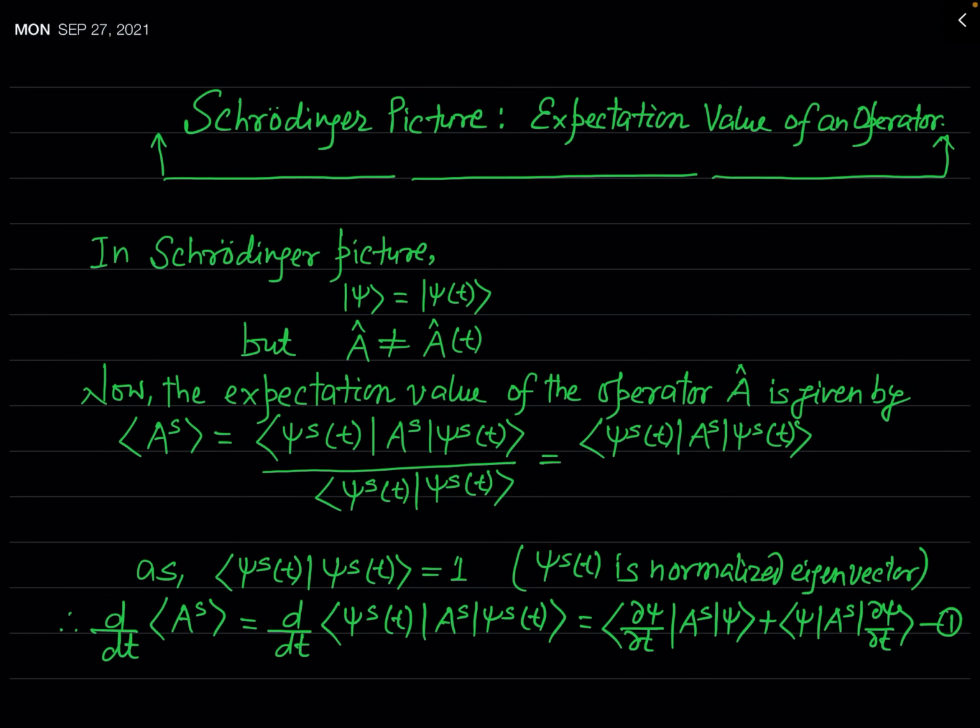In the previous lecture, we started to discuss the Schrodinger picture, and you have seen that in the Schrodinger picture the state vector Ket psi, or simply psi, is time dependent, but the Hermitian operator a hat associated with a dynamical variable a is not a function of time.